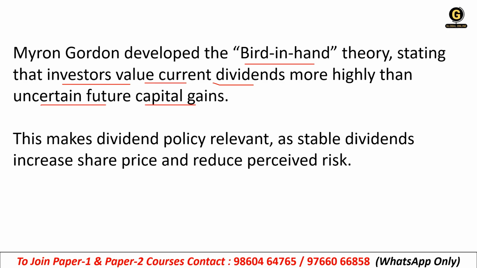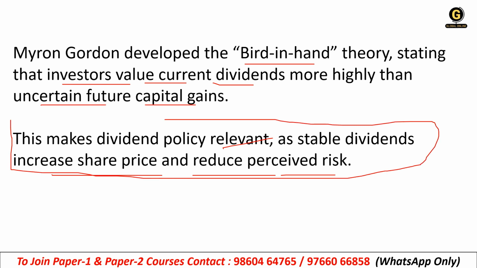Why is it happening? Because this makes the dividend policy relevant, as stable dividends increase share price and reduce the perceived risk. That is the main reason why investors prefer current dividends more than future capital gains.